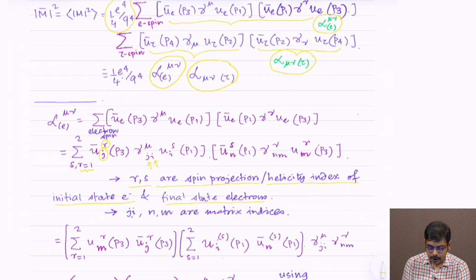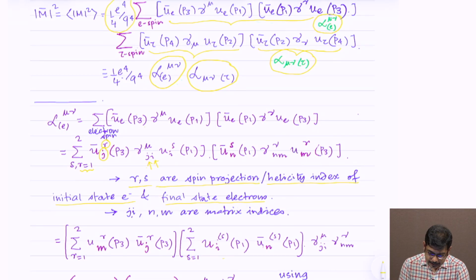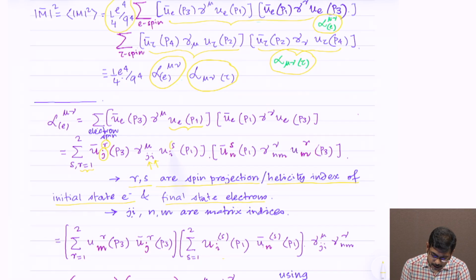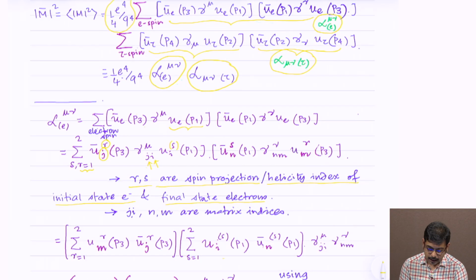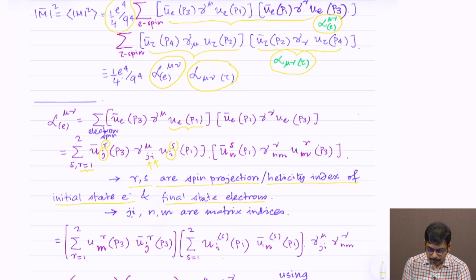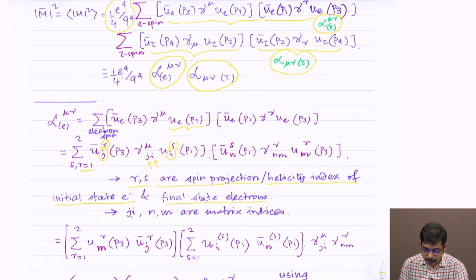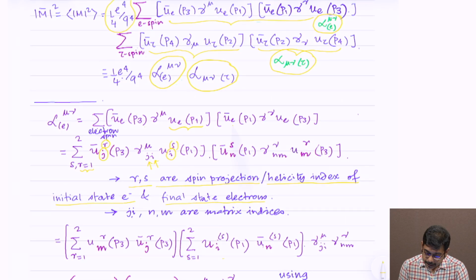The j takes care of the j component of the u bar spinor, and then u e p1 will have a helicity component, let's call it s, and the matrix component will be i. So you see the matrix components are nicely summed over: u bar j gamma mu j i u i. Okay, and then let's similarly write the other part, u e bar p1.